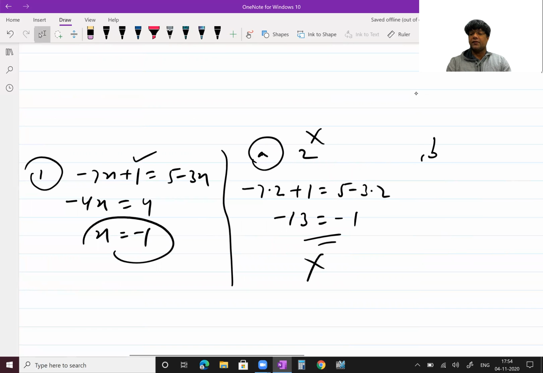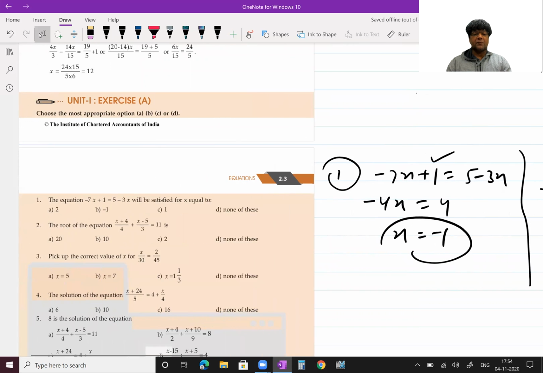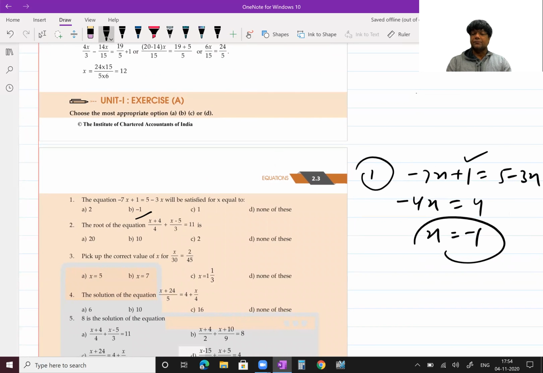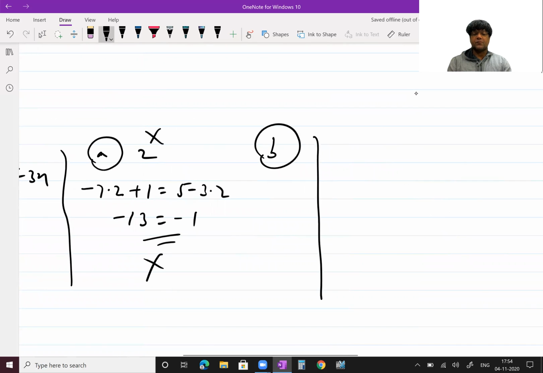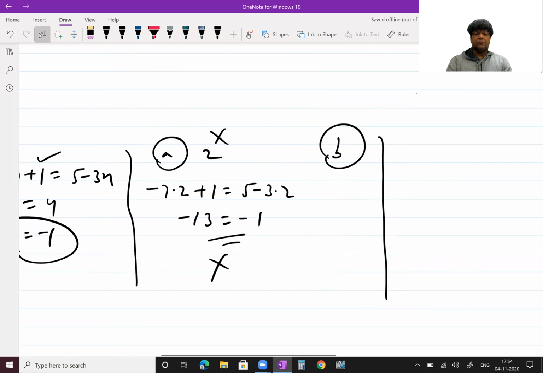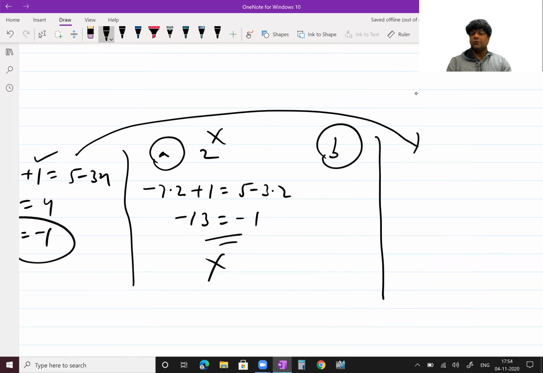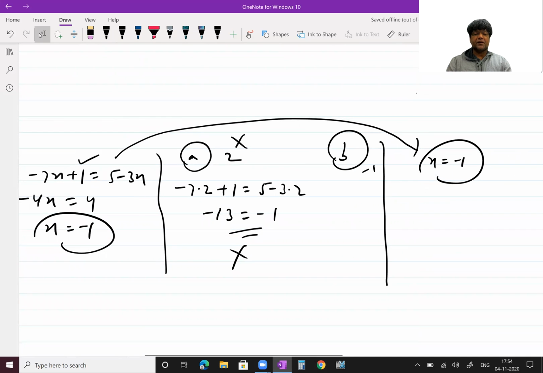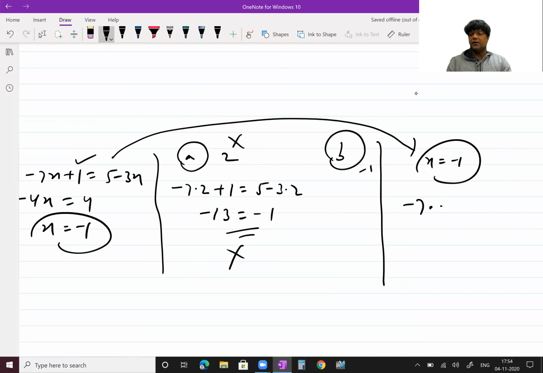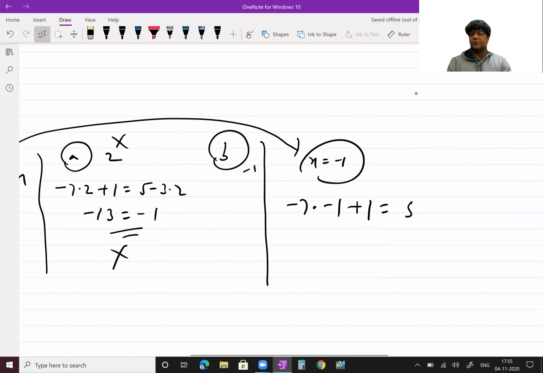So now you will try option B. Option B, how much is given? Minus 1. So I will check for minus 1. What I will do in this equation, I will put x is equal to minus 1. So what will happen, guys? Minus 7 into minus 1 plus 1 is equal to 5 minus 3 into minus 1.